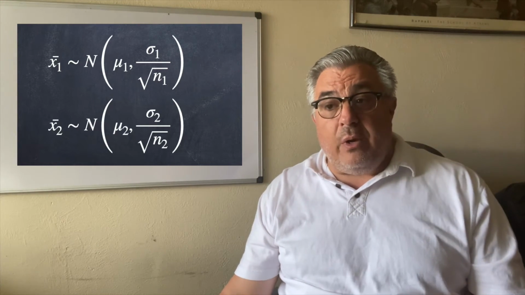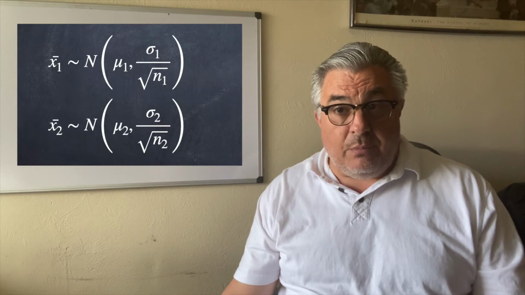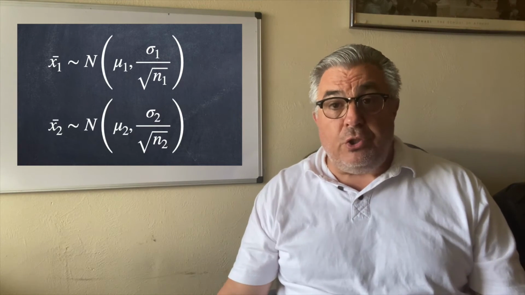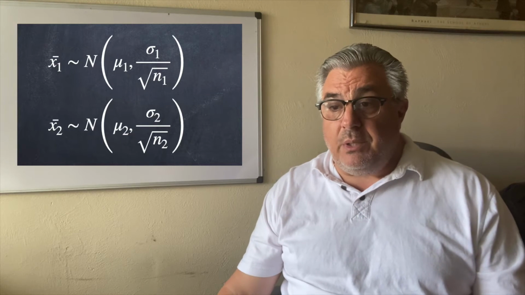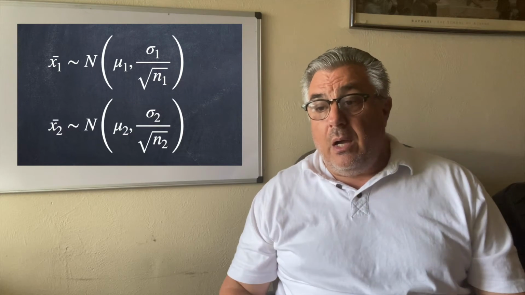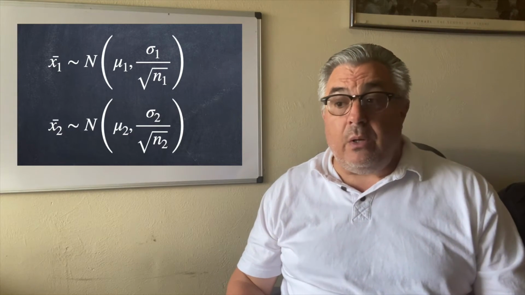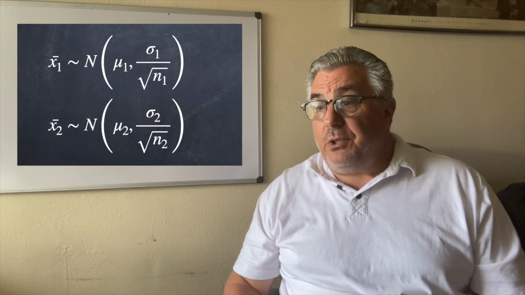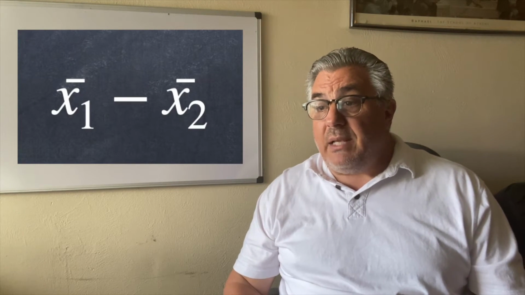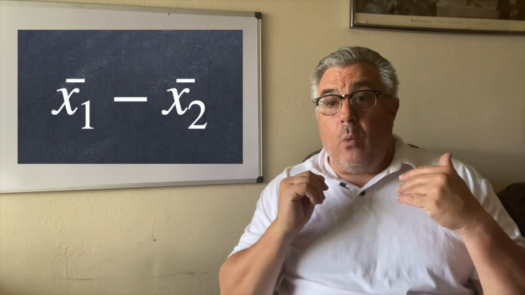And with the other brand also being normally distributed, we know that X bar 2 is also normal with mean mu2 and standard deviation sigma 2 over the square root of n2. Now when we formulate that difference of x bar 1 minus x bar 2, what is its distribution?